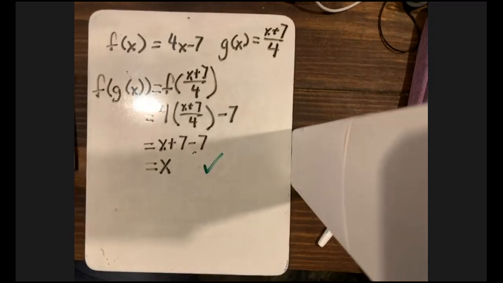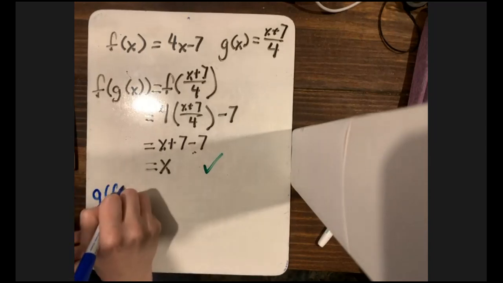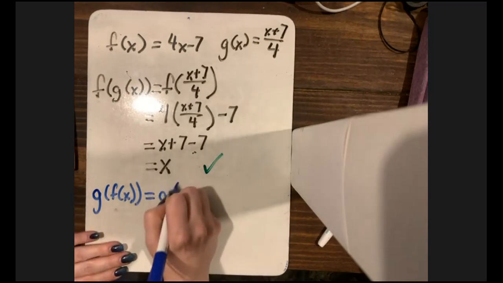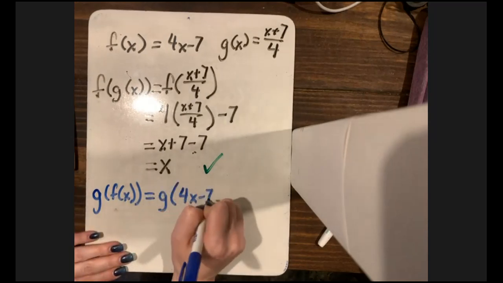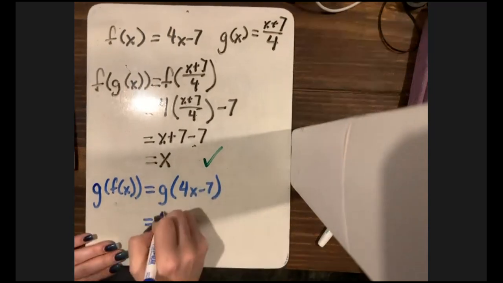I'm going to switch colors just because that marker's a little ragged on my side. So now we're going to do g of f of x. Okay. So we're going to plug this in.